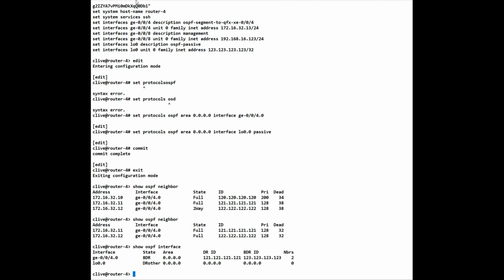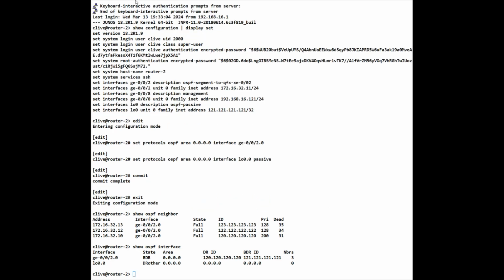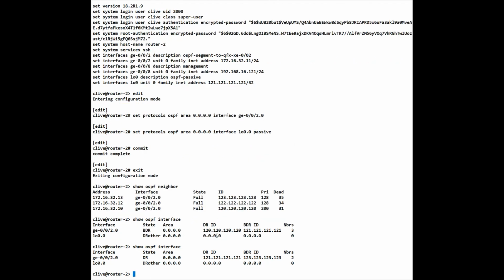So let's go to router 2 and just confirm this. So again, we'll use the up arrow. Now, as can be seen, initially the DR was router 1, but we have replicated a failure of that system, and the BDR was 121, but the BDR has been promoted to the DR, and 123 has become the BDR.